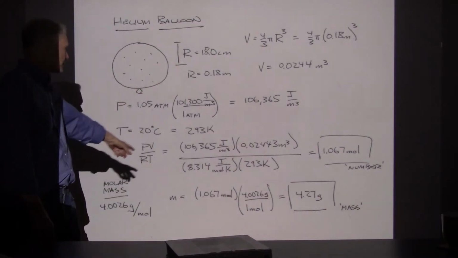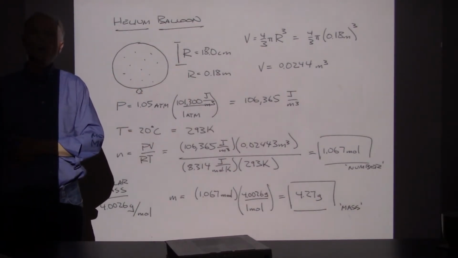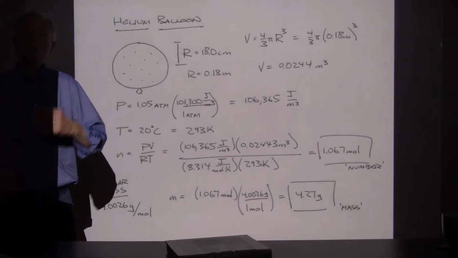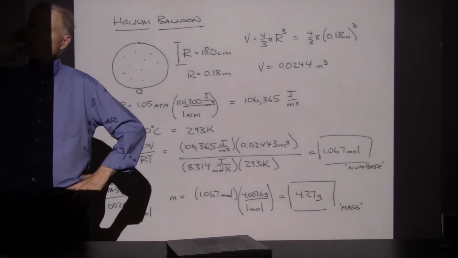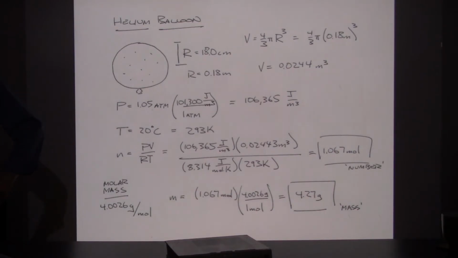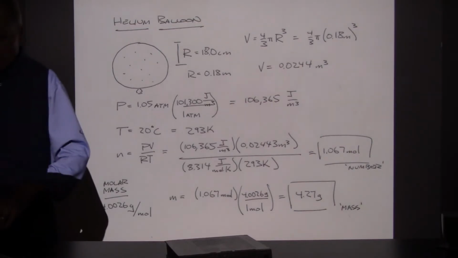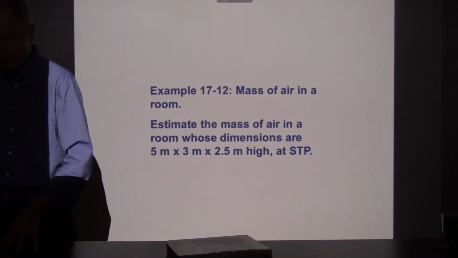And it's got 4 grams of helium. That doesn't sound like much, but 4 grams of helium is enough to maintain all that pressure. A little later in the course, we'll learn techniques where we can calculate just how fast those 4 grams of helium, the individual atoms, are moving. So we'll get a chance to go in and determine that.